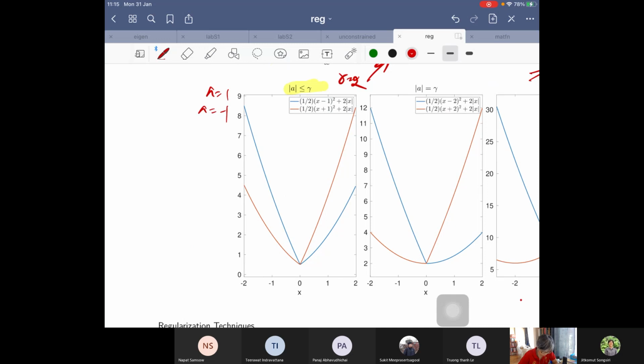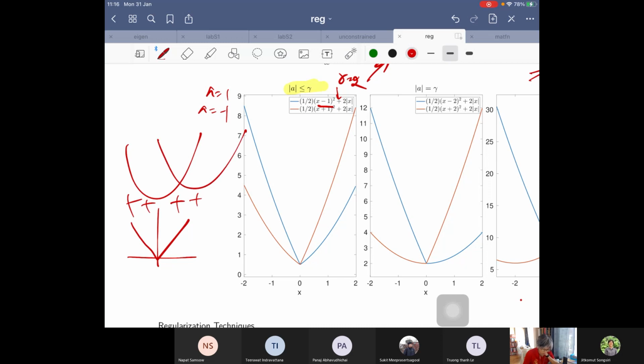At x equal to 0. To get this graph, you just need to look at this function, which is composed of a quadratic function and the absolute value function, so you make the sum of these two. But the parabola is shifted, because it is centered at 1 and minus 1.